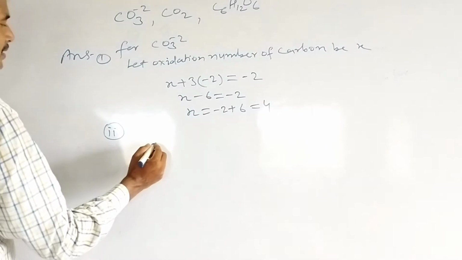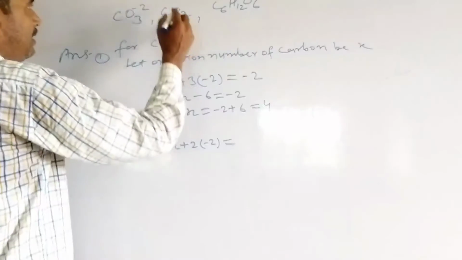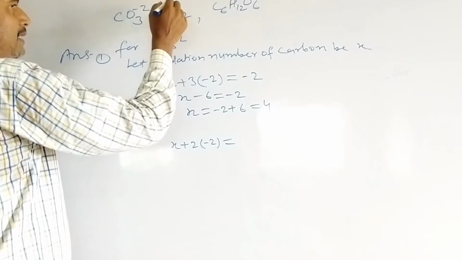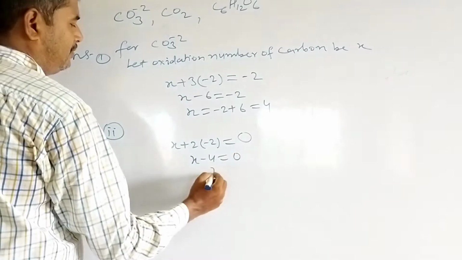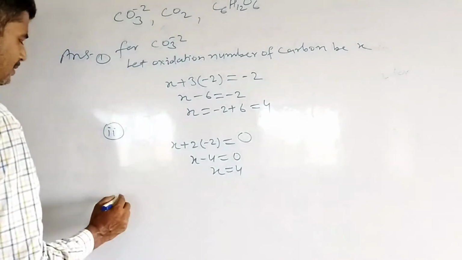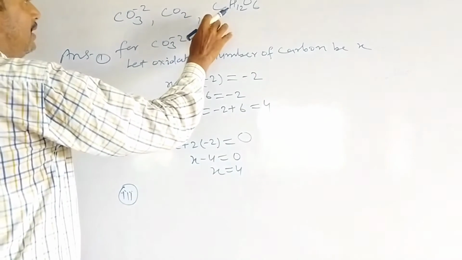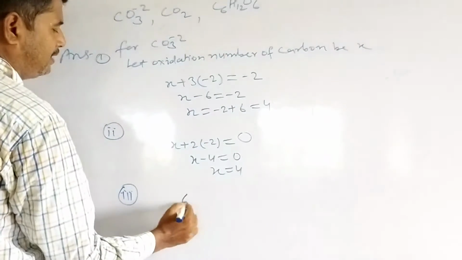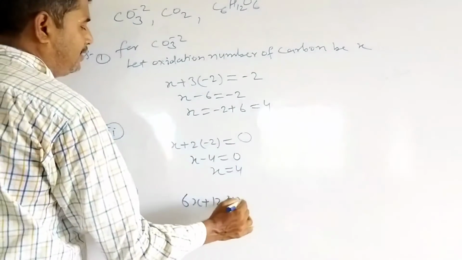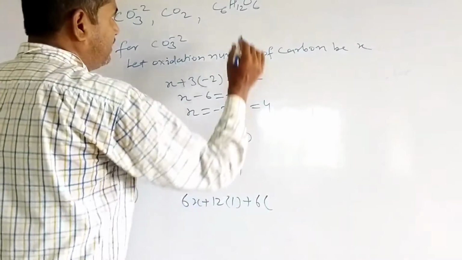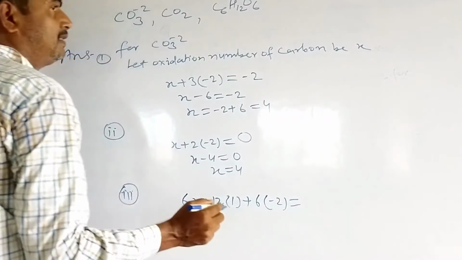Second, X plus 2 times -2 is equal to the charge present, no charge on CO2, hence equal to 0. X minus 4 is equal to 0, or X is equal to 4. Third, for glucose, here there are 6 carbons. 6 times X plus 12 times oxidation state of hydrogen, +1, plus 6 times oxidation state of oxygen, -2, is equal to the charge present.